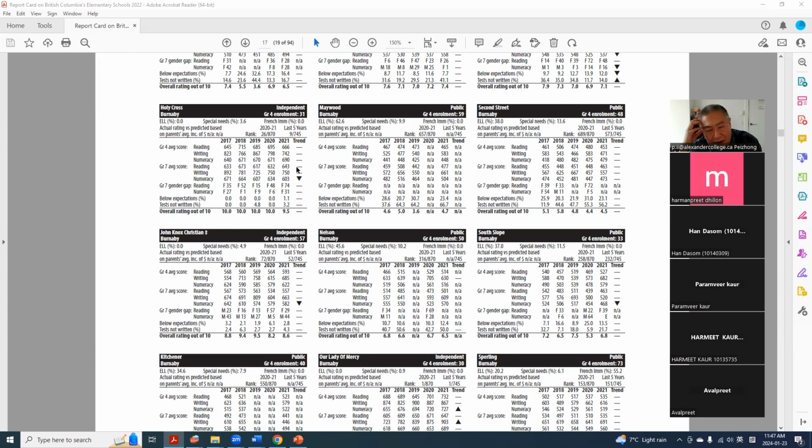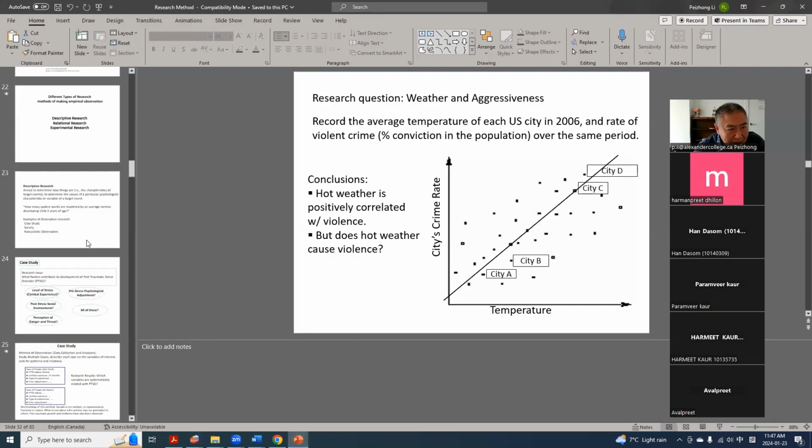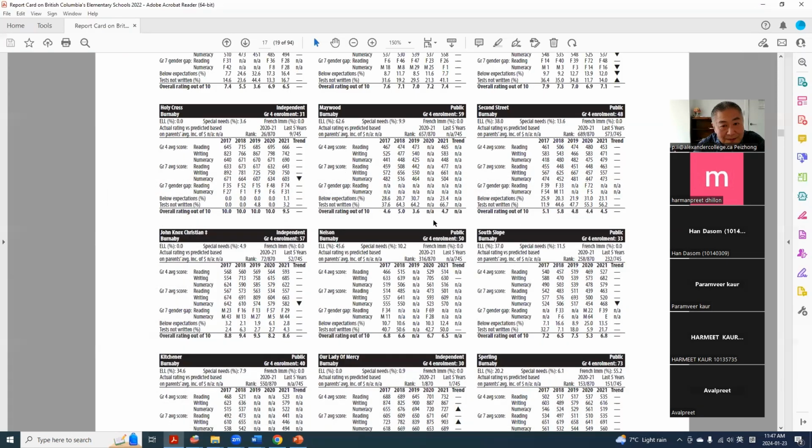Wow, that's too bad. The two schools are not equal. And you see this one, Second Street, reading 463, is lower. So the schools are not equal. They have different academic performance. Reading score differs. So the reading score, what variable is that? Is that a rank order, equal interval?